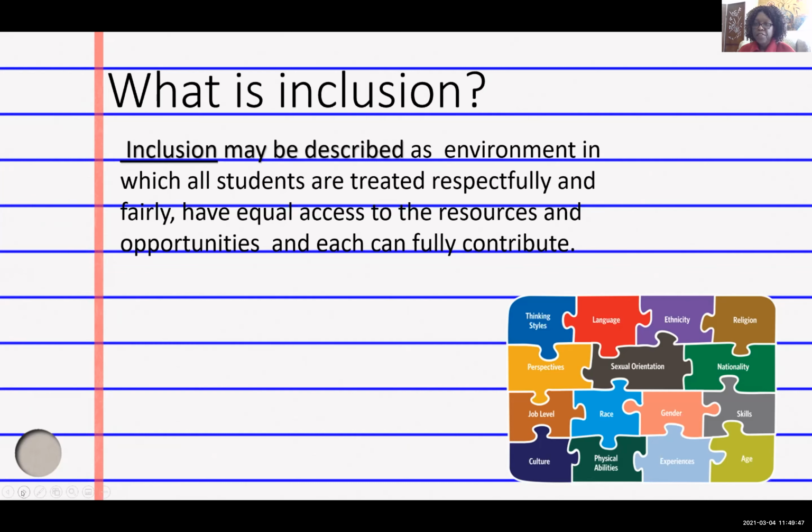Now, that doesn't mean that everybody is going to contribute, but everybody has the opportunity to contribute. When we look at that, we have to look at our material. Are we providing that environment through the material and through our own teaching styles? Are we providing an environment that is respectful?